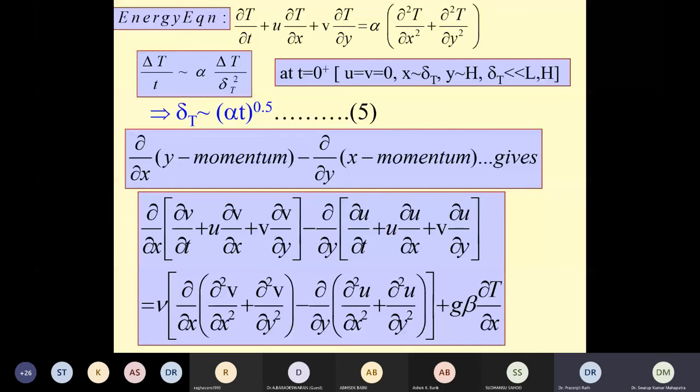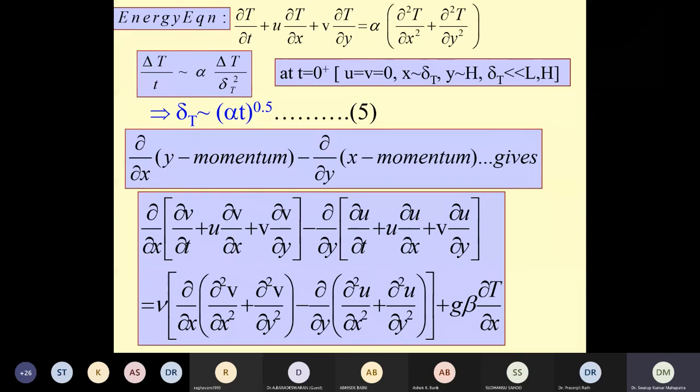As a matter of fact, this helps us, instead of solving the full equation, to keep just two terms: the inertia term on the left hand side, and one diffusion term, that is alpha del square T upon del x square. This gives an idea of the thermal boundary layer thickness, which is of the order of (alpha t) to the power 0.5.